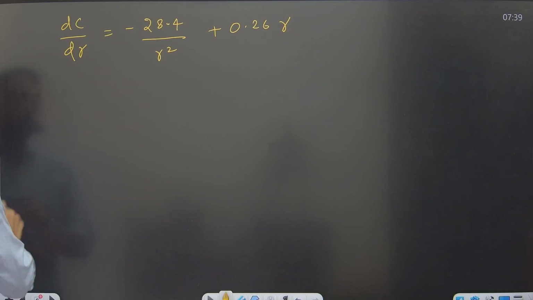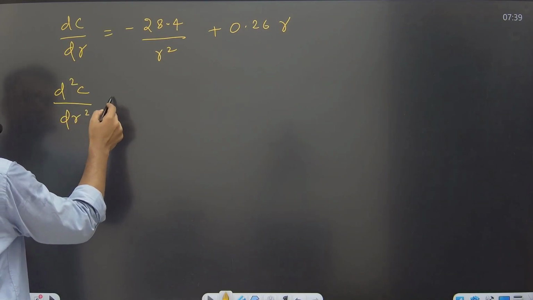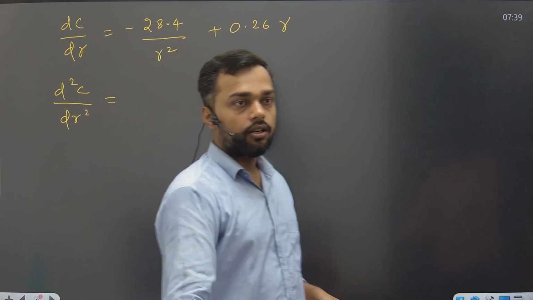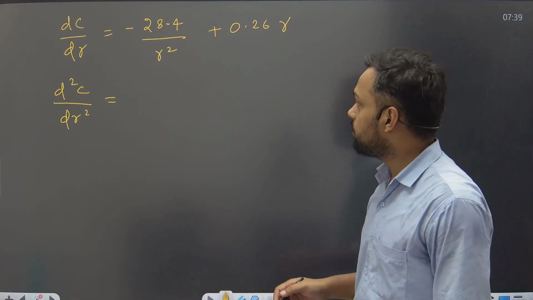Now for finding d2C by dr2, we differentiate this function again.